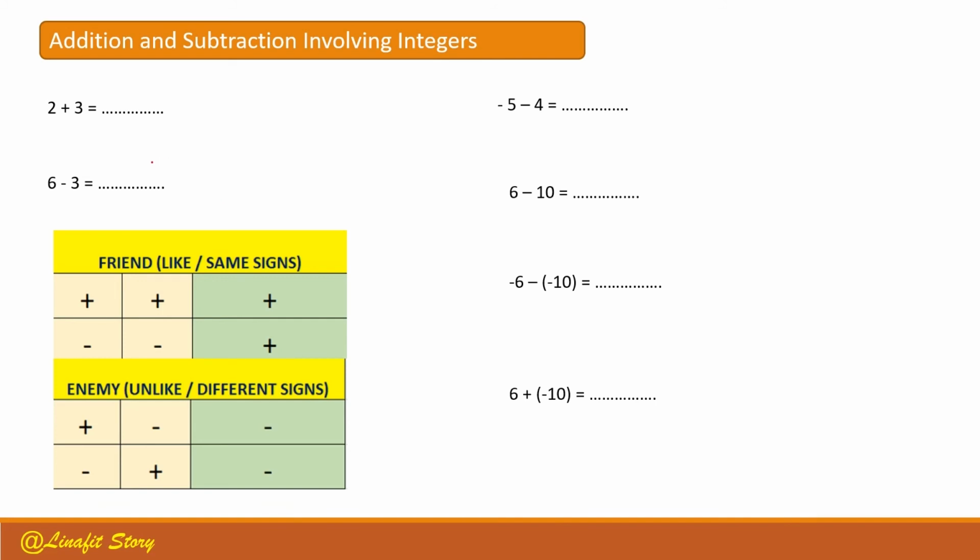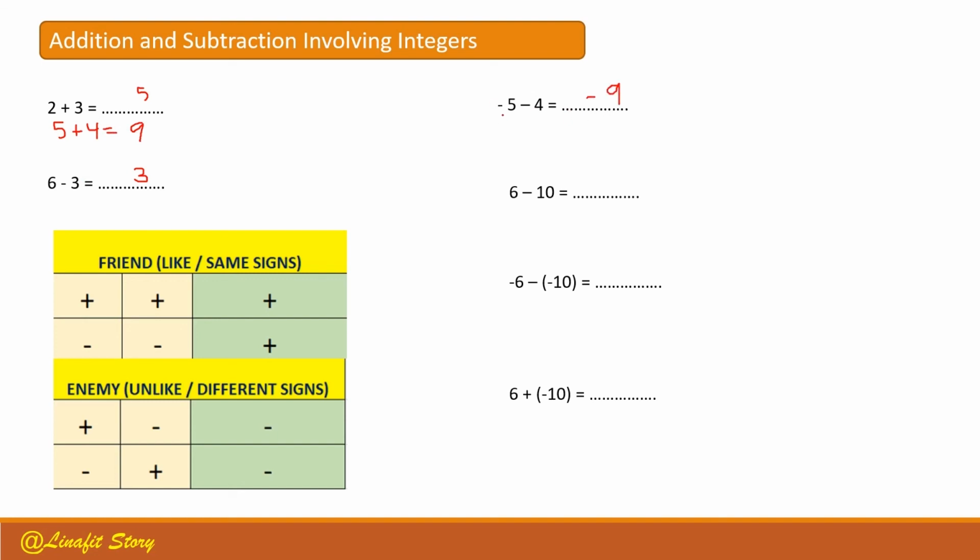Addition and subtraction involving integers. 2 plus 3 equals 5. 6 minus 3 equals 3. Another example, 5 plus 4 equals 9. How about negative 5 minus 4 equals negative 9.